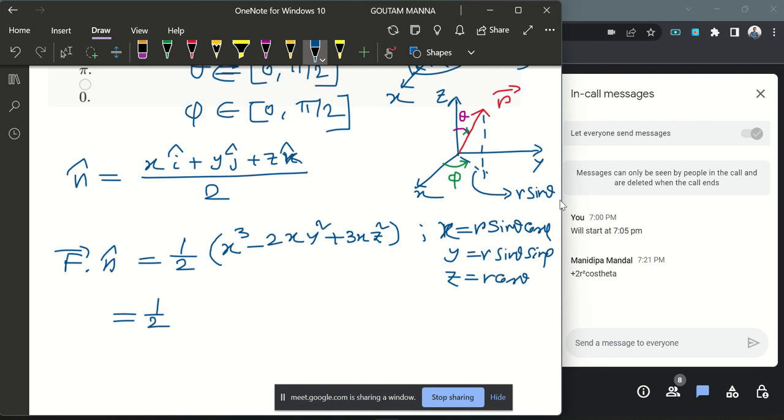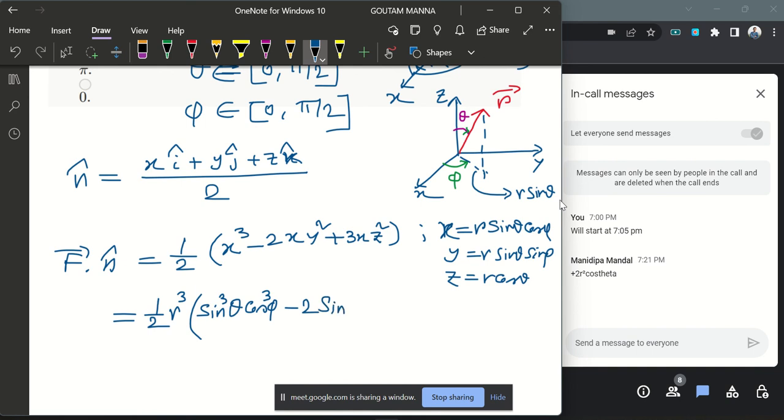So from every term there will be r cube. So we can put this r cube outside. So then we will have sine cube theta cos cube phi minus 2 times. So here is a sine theta cos phi, and here for y square there is a sine square theta and sine square phi.